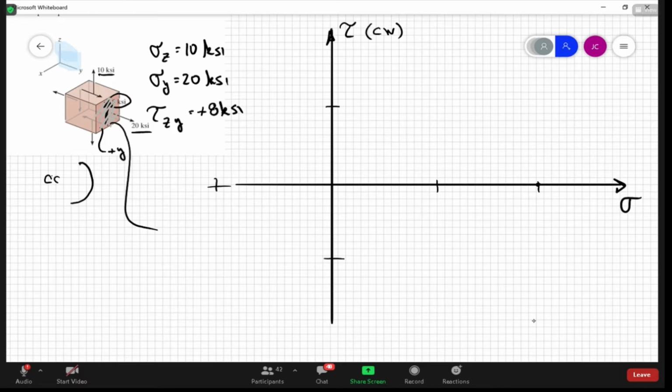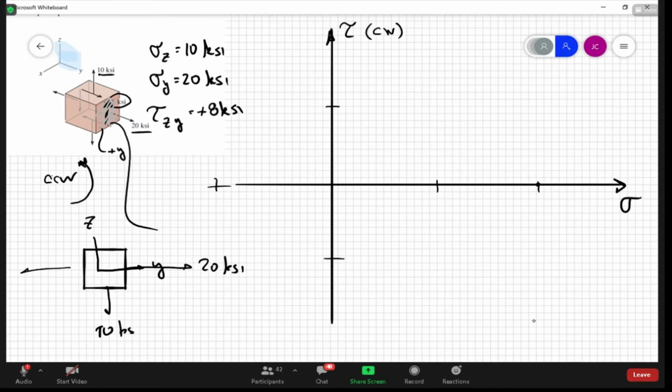It's positive, but it's rotating in a counterclockwise manner around the x-axis. If you look down the x-axis, you see y and z. Here's the little stress cube. So we get 20 ksi in that direction, 10 ksi here, and then the 8 ksi rotating as shown.